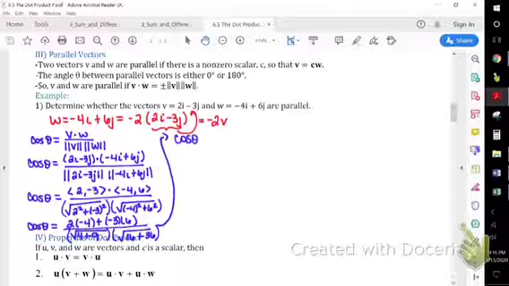So in the numerator, 2 times negative 4 is negative 8, plus negative 3 times 6 is negative 18, over the square root of 13 times the square root of 52.